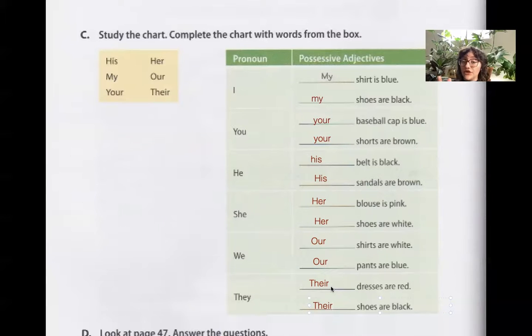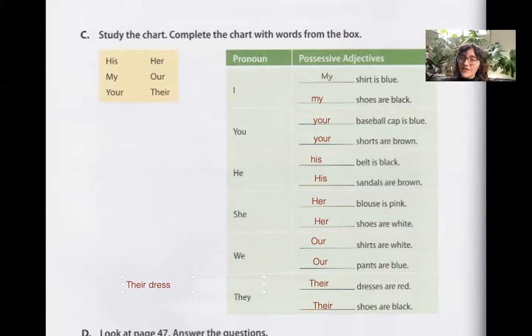Instead of saying her red dress or his red dress, and you're using their red dress, or instead of saying their dresses are red, since we're using their as a kind of gender neutral term, right? We would use their, which we learned is a plural way to talk about it, but it's also something if we don't want to use he or she, his or her, we can say their dress.